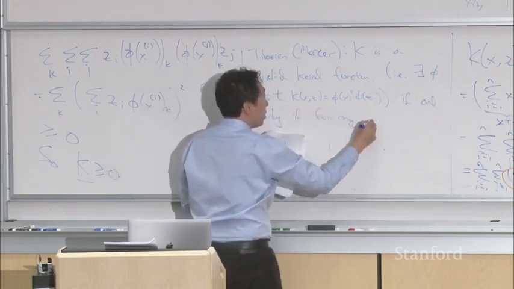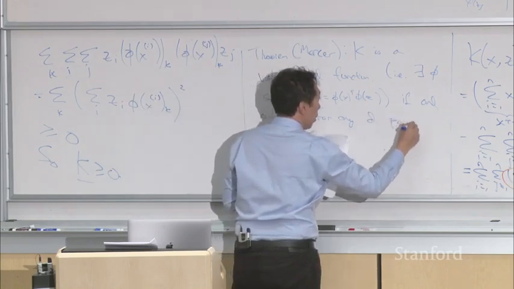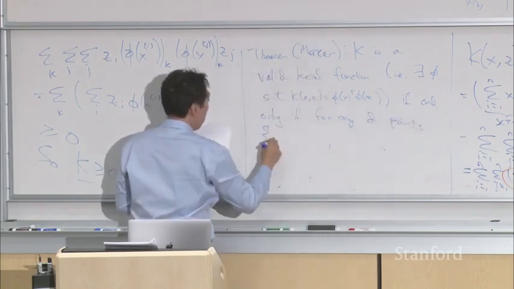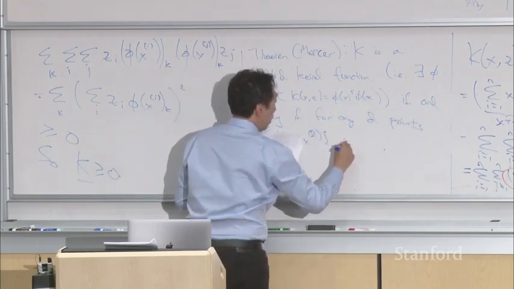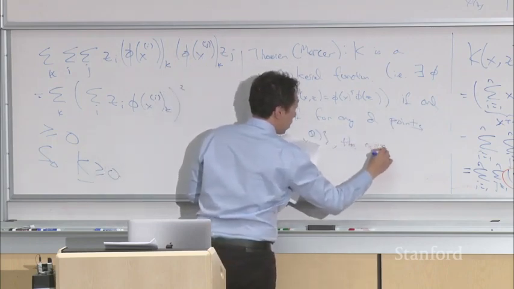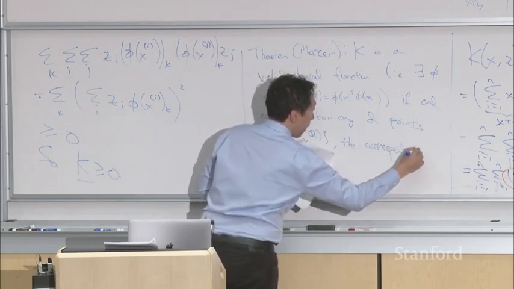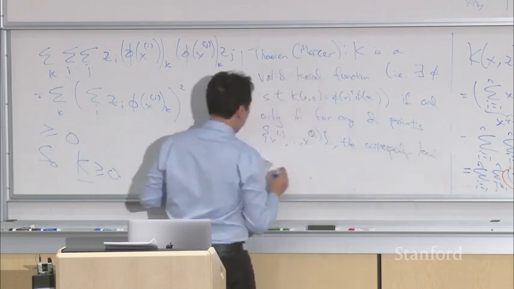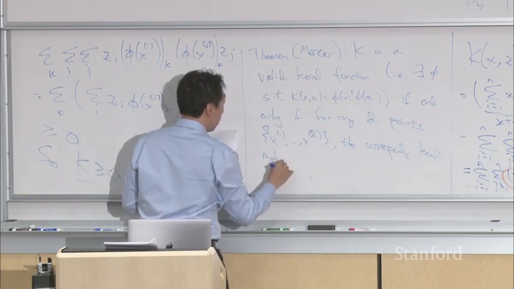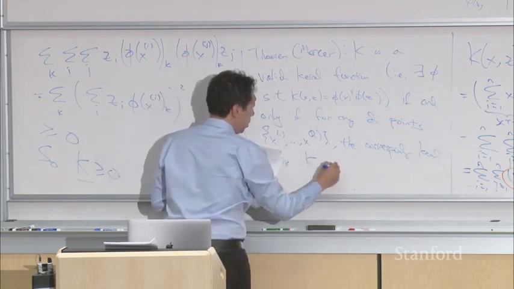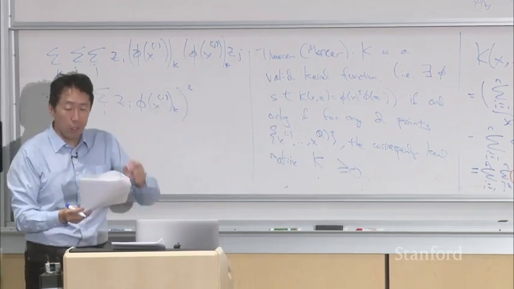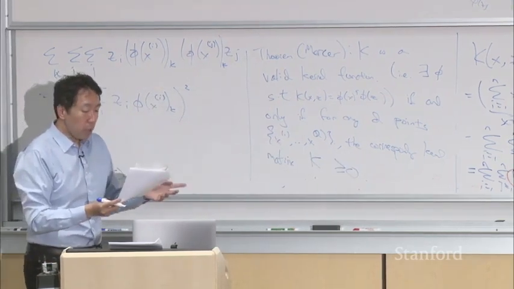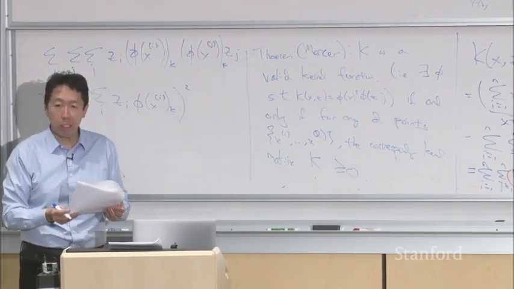for any d points, x1 up to xd, the corresponding kernel matrix is positive semi-definite, so write as K greater than or equal to 0. And I proved just one direction of this implication, right?